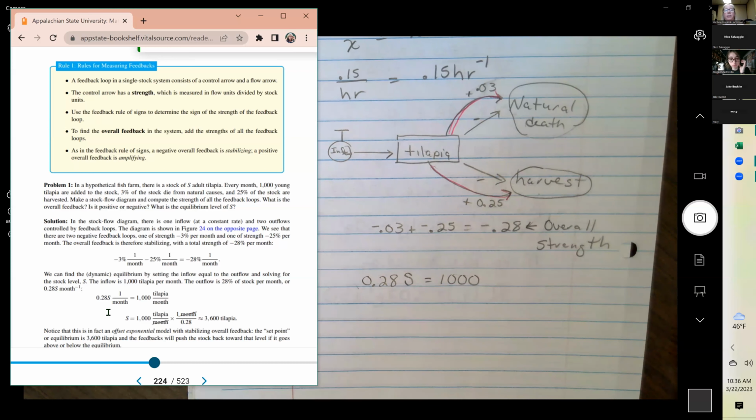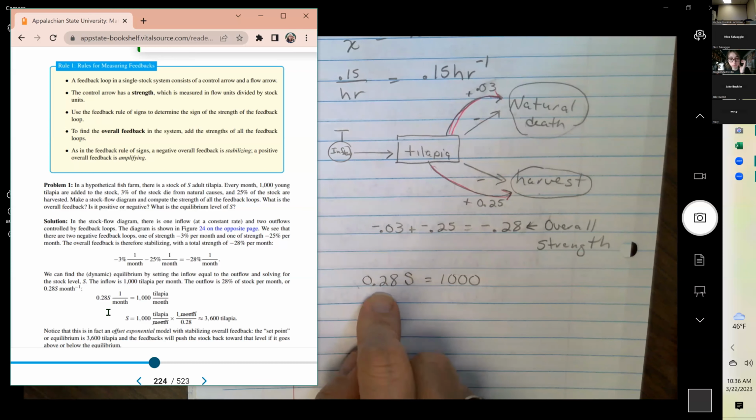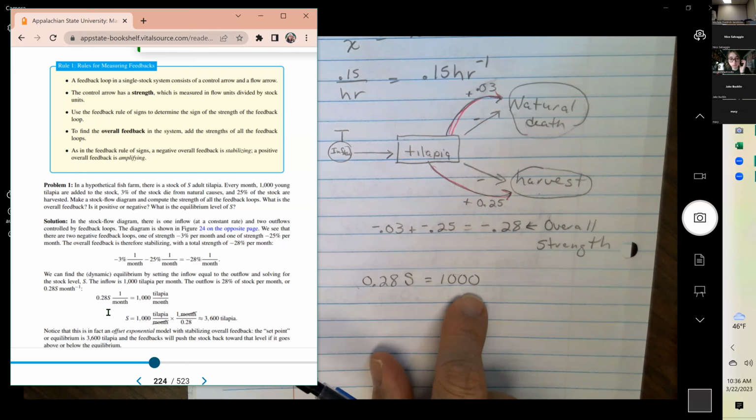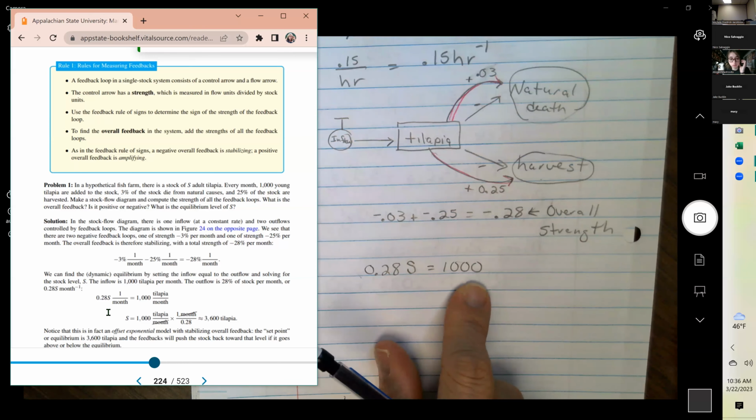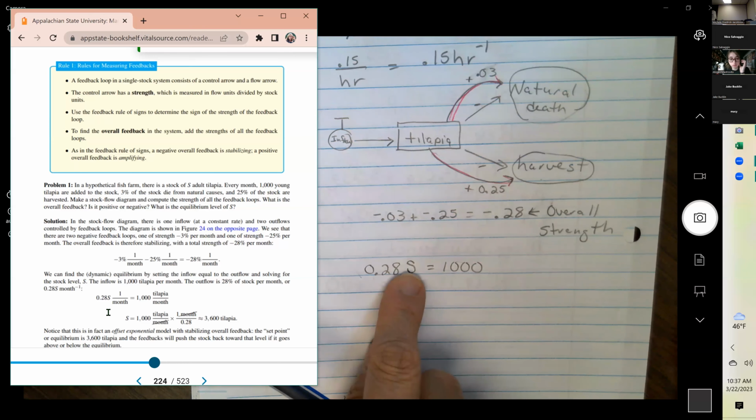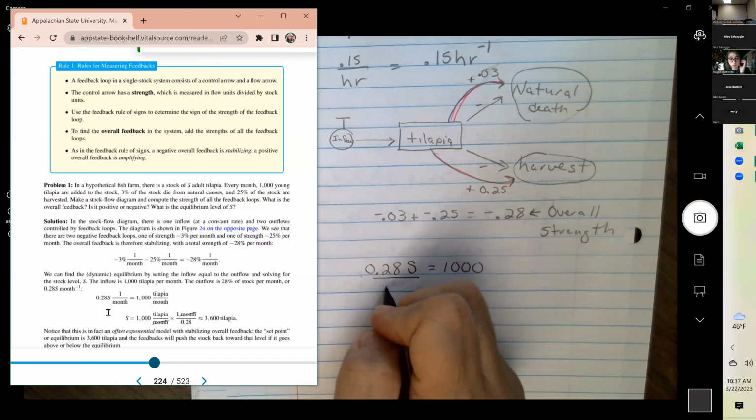So those need to be equal to be in an equilibrium. This is the amount coming out. This is the amount they said they put in each month. So then you just solve for stock. This is being multiplied, so I divide.